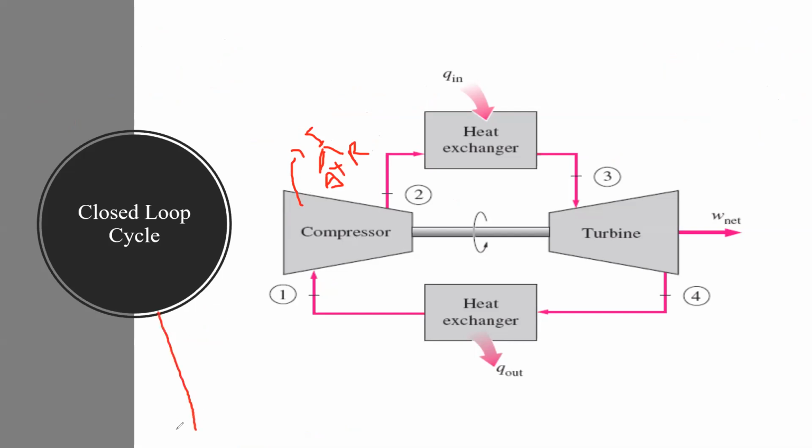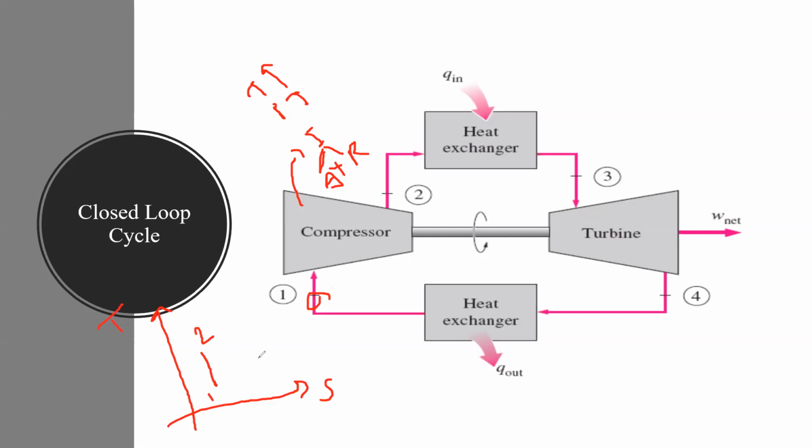This is point 1 on the TS diagram. At point 1, when I inject the air into the compressor, it maintains high temperature and high pressure, which means your temperature increases. So this is your point 1, this is your point 2.